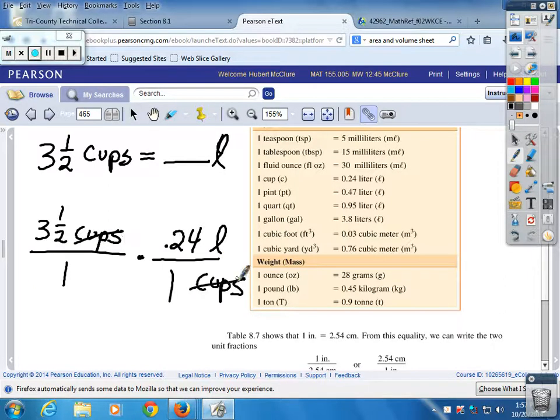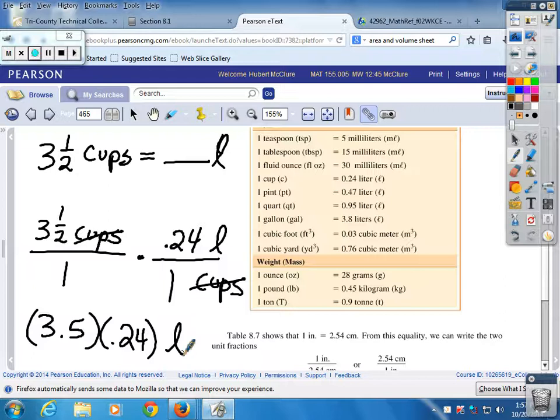The cups, and now you're left with 3.5 times 0.24 liters. Let's see. 3.5, 10% would be 0.35.